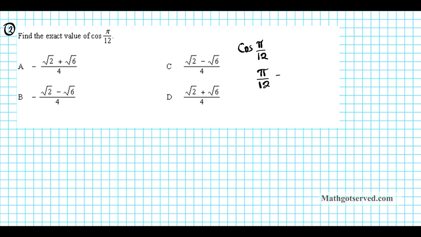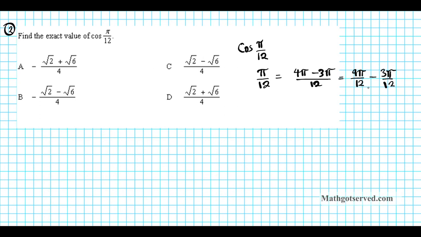So I'm going to pick two numbers, multiples of pi that add or subtract to yield pi, and have a common factor with 12. So we can use 4 pi minus 3 pi. And both of them go into 12 over 12. And then we can reduce this into 4 pi over 12 minus 3 pi over 12.